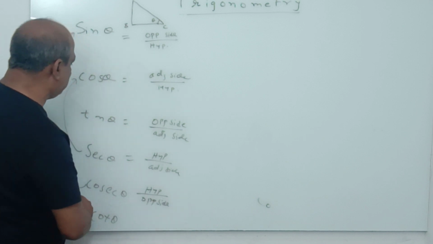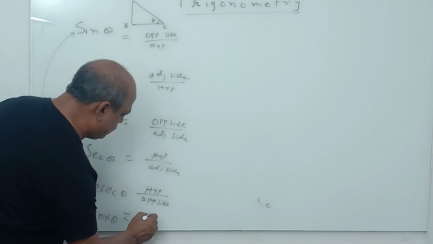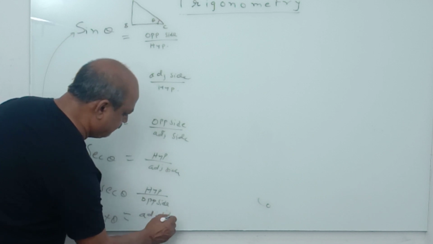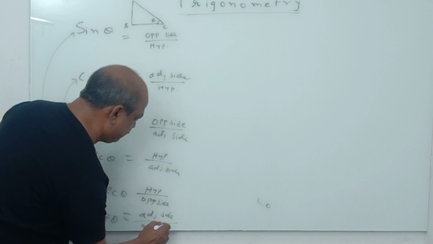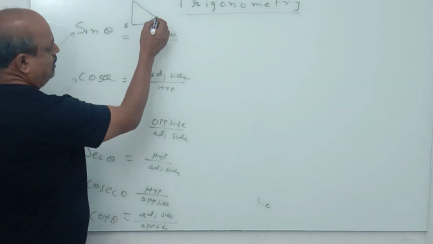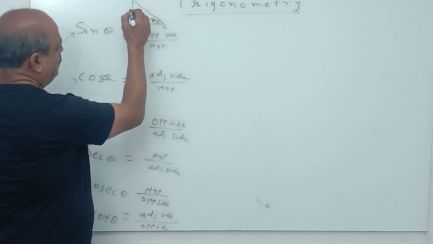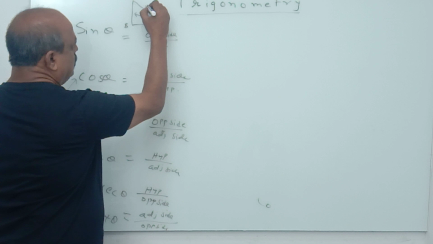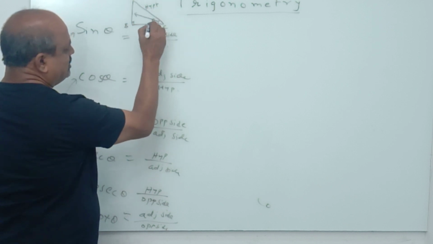And cot theta is the reverse ratio of tan, so it will be adjacent side upon opposite side. So clearly, the opposite side to angle C will be AB. This is your hypotenuse and this will be the adjacent side.